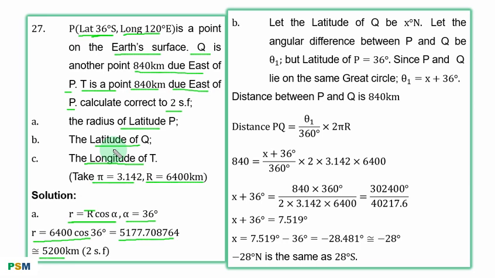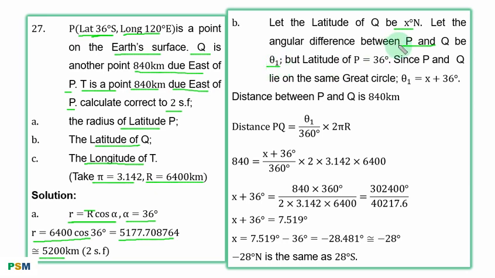By default, let the latitude of Q be S degrees north. By default, we have the upper side of the equator. Let the angular difference between P and Q be theta 1.